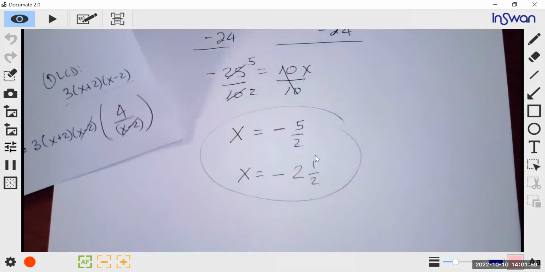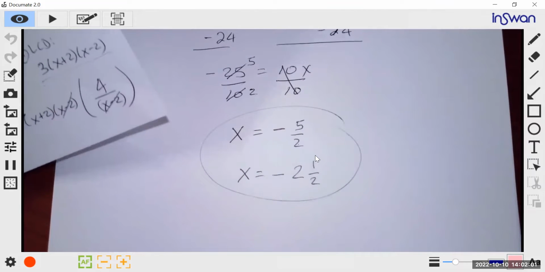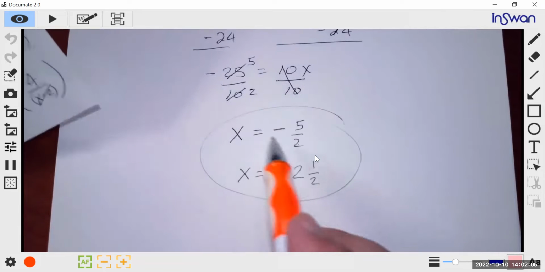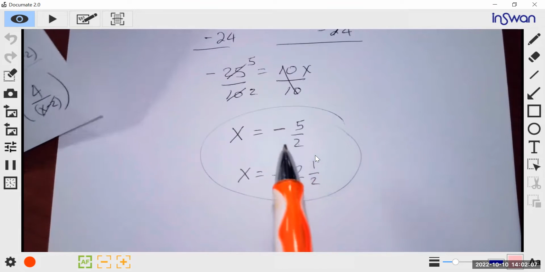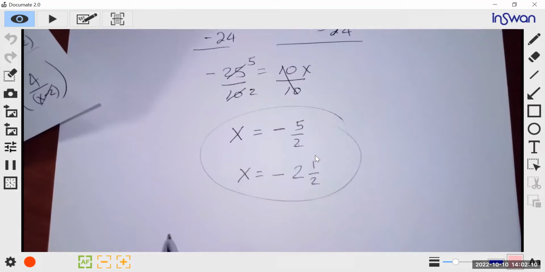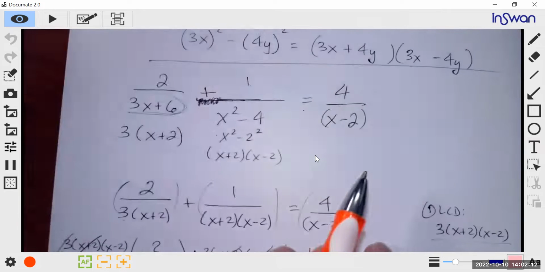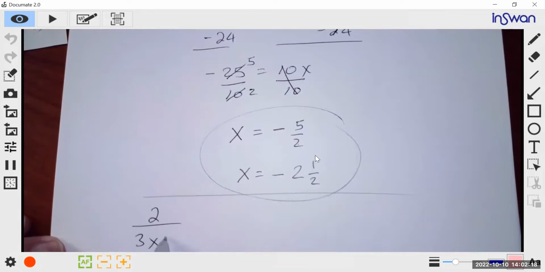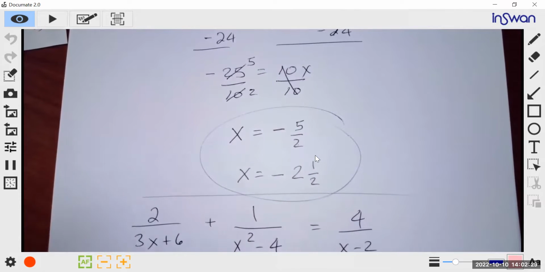Okay, but remember, when you check your answers, what you're really looking for is whether this answer will make any of the denominators 0. Remember, our original equation had 3x plus 6, x squared minus 4, x minus 2.